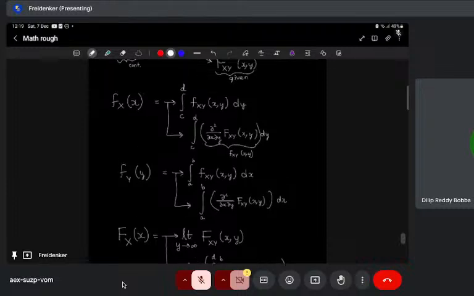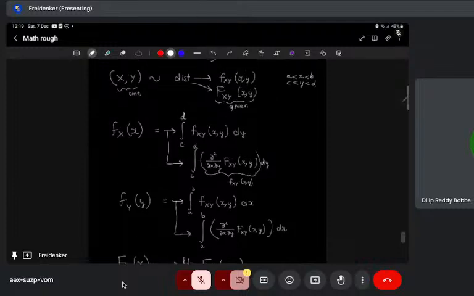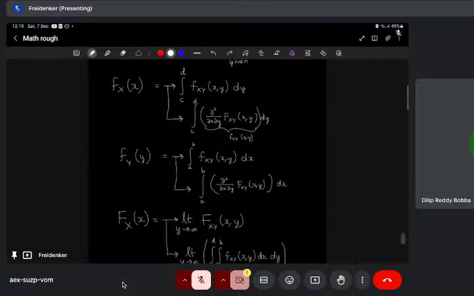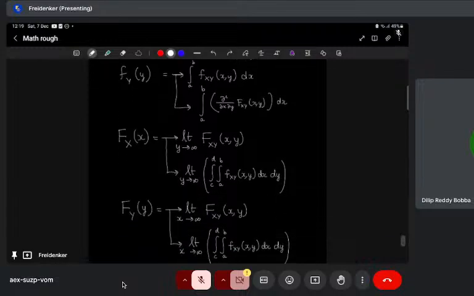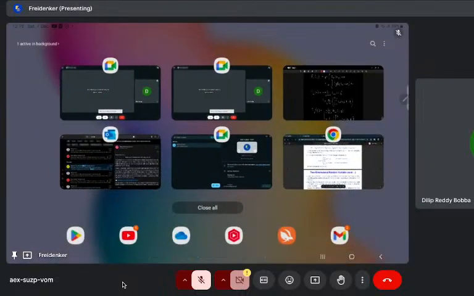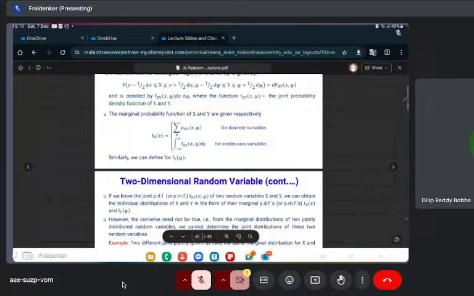Yes, so it is here only. This is the same. C can be minus infinity, D can be plus infinity. That is fine. I covered all the cases. All of them are here, at least for the continuous case.